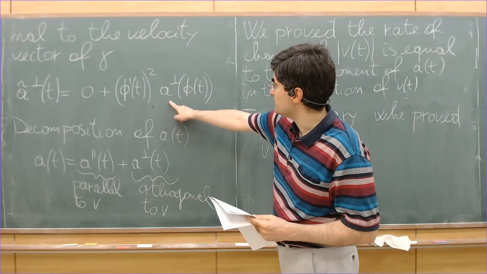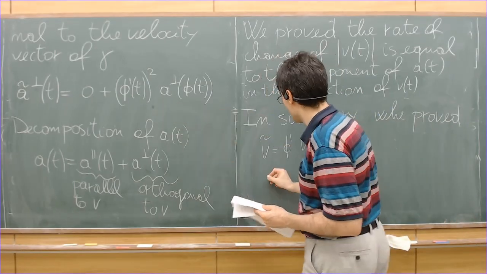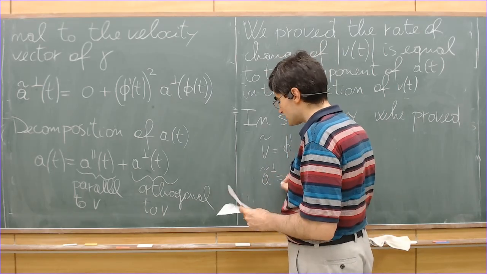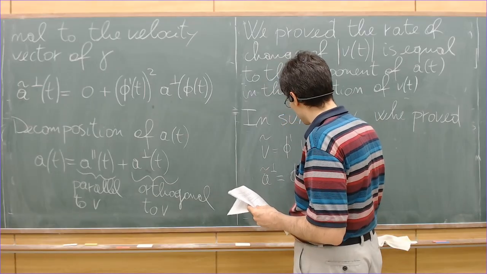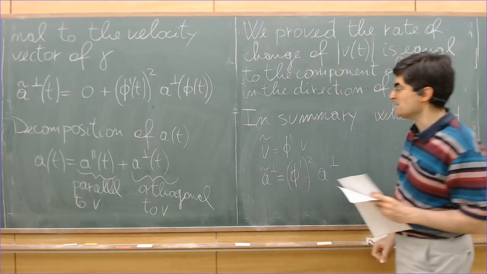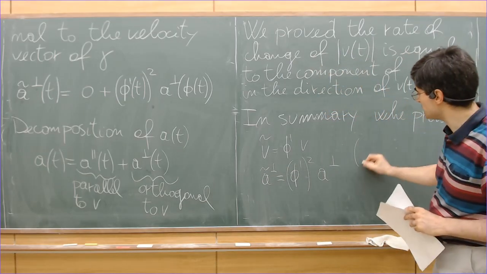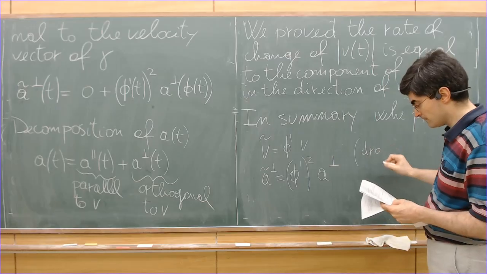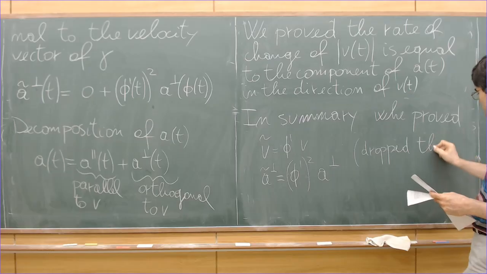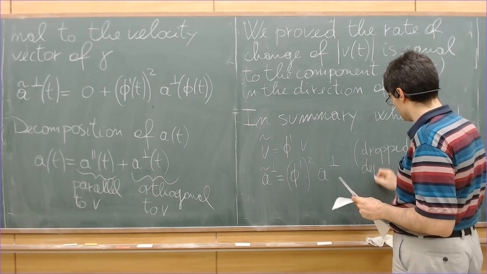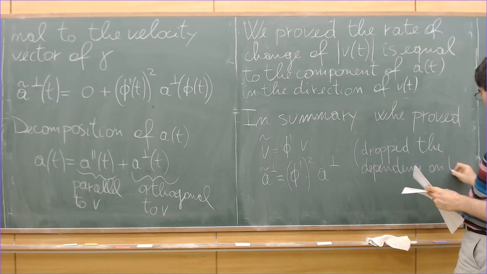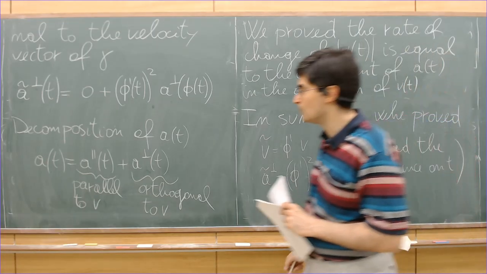And this formula here says that A tilde orthogonal is equal to phi prime square times A orthogonal. I dropped the dependence on t for more clarity.